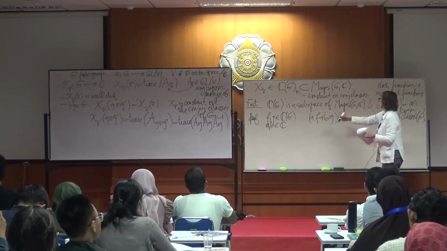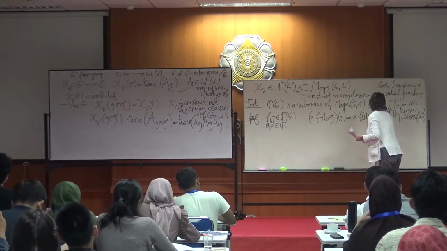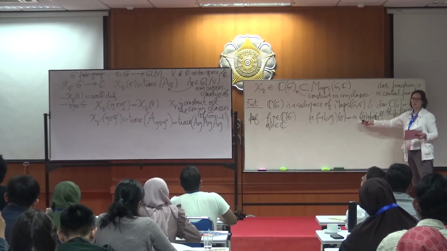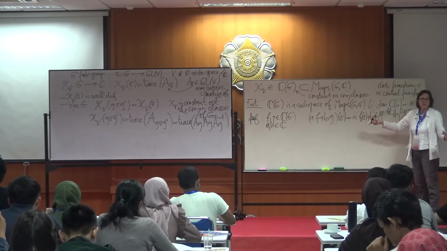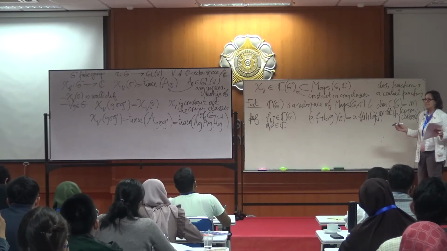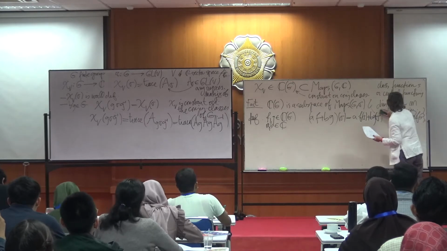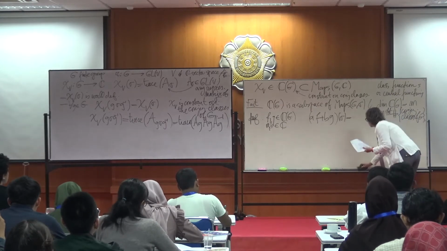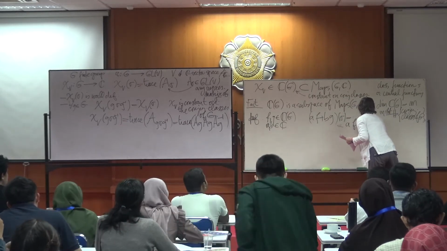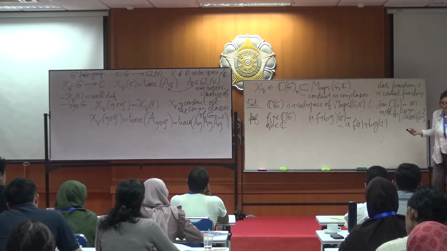The value of this function on sigma is just a times f of sigma plus b times g of sigma. So now it's clear that if f is constant on conjugacy classes and g is, the same is true for any linear combination of them, right?